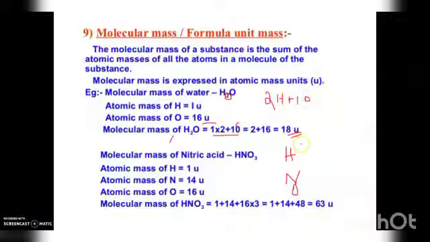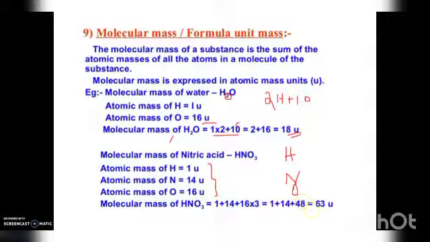So we need the sum of the masses of these 3 atoms. The atomic mass of hydrogen is 1 unified mass, the atomic mass of nitrogen is 14 u, and the atomic mass of oxygen is 16 u. We have to add all this. There is only 1 hydrogen, so 1, plus only 1 nitrogen, plus 14. There are 3 oxygen, so 16 into 3.